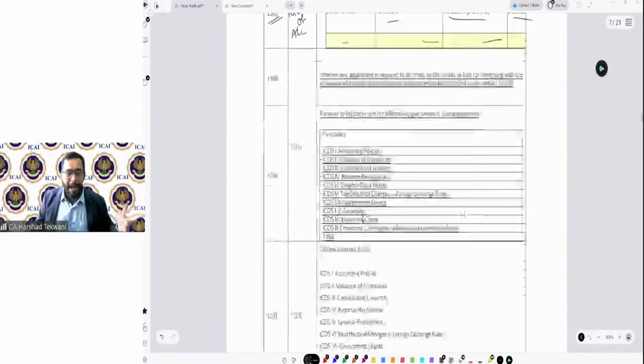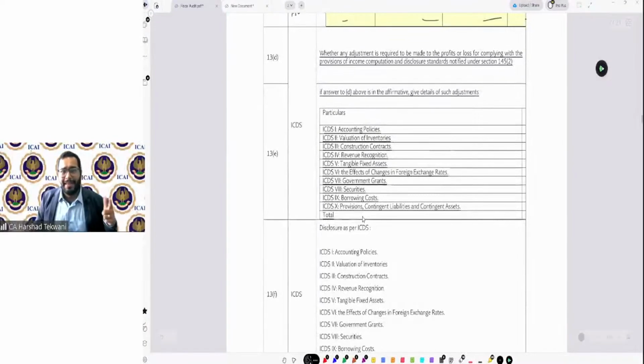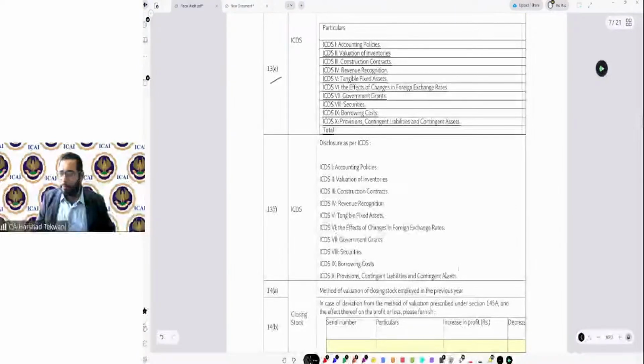13D talks about ICDS, whether there is any adjustment required to be made to the profit and loss account to comply with the ICDS. If yes, then report the adjustment that has been made in 13E. 13F, if there is any disclosure requirement as per the ICDS, then mention that.